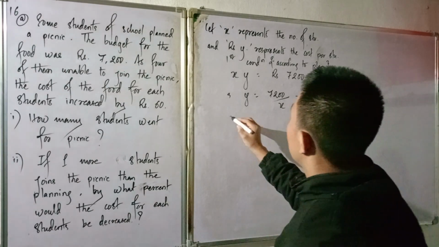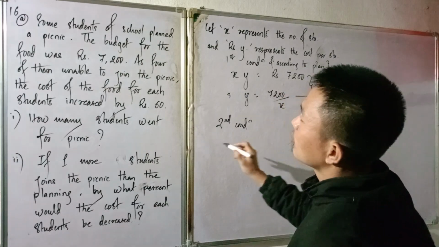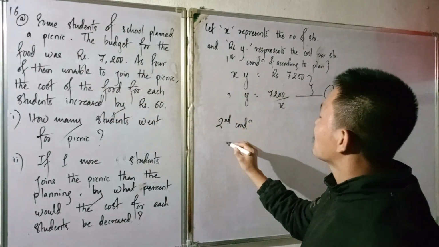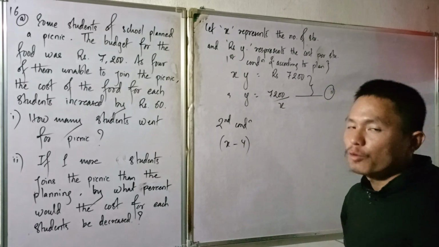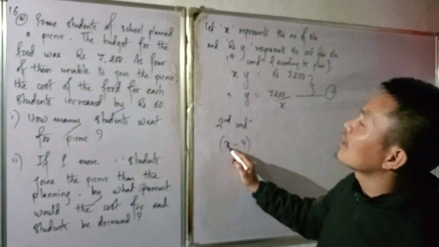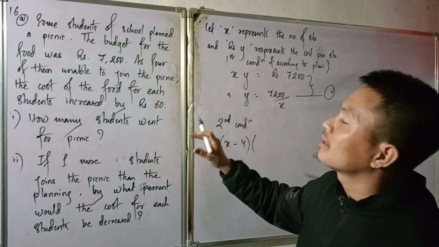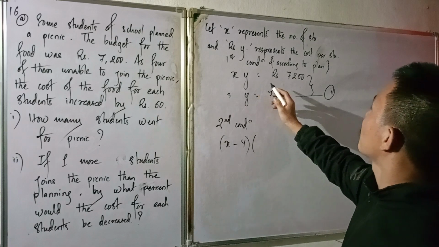Now, the second condition is given: 4 of them were unable to join. So out of X students, 4 were unable to join, which means you have to subtract 4 from the total number of students. And because of the decrease in the number of students, now the cost has been increased for each student. How many students are there?